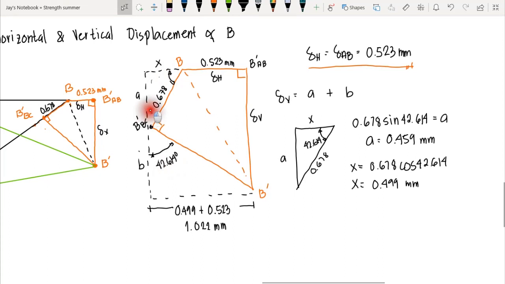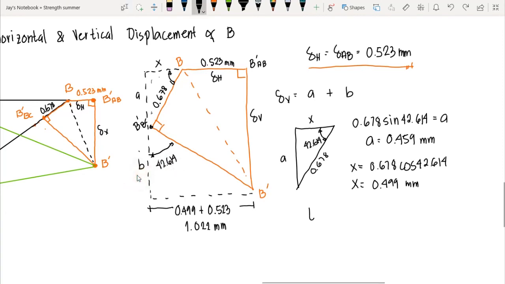And 47.361 here, plus the 90 degree angle, the sum of these angles must be deducted from 180 degrees, correct? So therefore, the answer is 42.614 degrees. So we can now compute B here by using tangent.